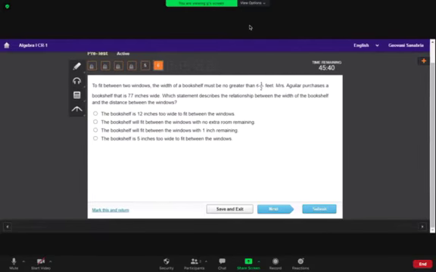So there are 12 inches in a foot. So then you just take 6.5 times 12. That equals 78. So yeah, you're right, because the bookshelf is 77 inches. You would get it with an inch remaining.